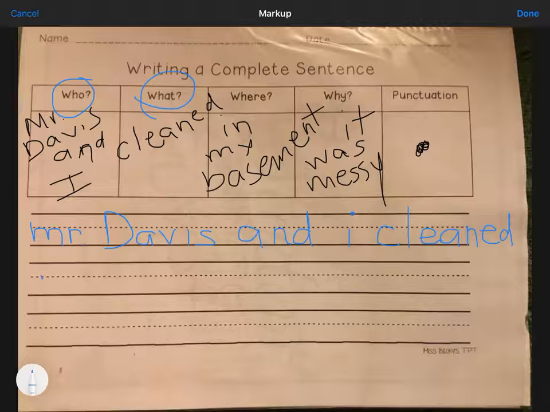We'll put our basement. And I'm going to tell you what day, too. That's just an extra detail. Our basement on Saturday. I want to try to fit that in there.